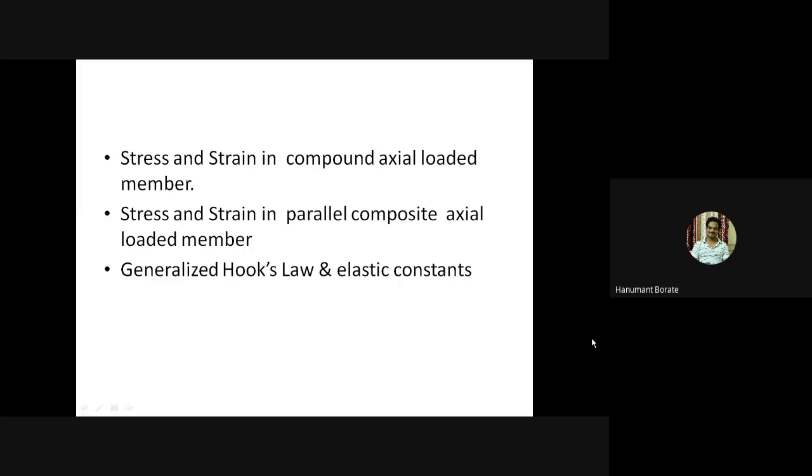And a composite system: whenever we connect two or more than two members with a different material, then it is known as a composite system. So there are compound and composite systems, maybe in series or maybe in a parallel system. Okay.